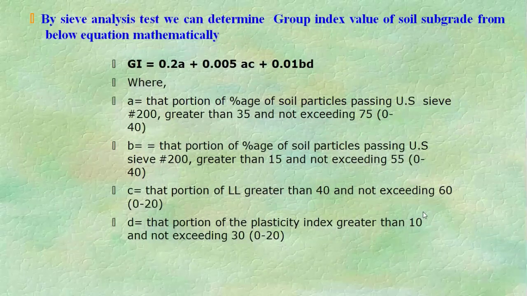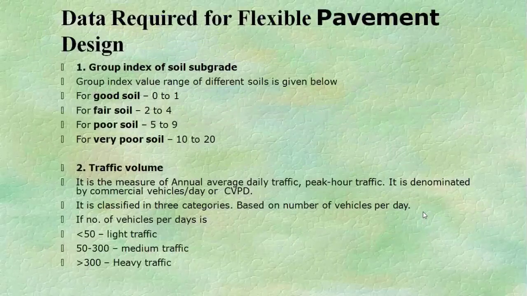The value of C is in the range of 0 to 20, and D is the value of plasticity index exceeding 10 and not more than 30, expressed as a whole number from 0 to 20. According to this formula, the minimum possible value of group index is 0 and the maximum possible value is 20.